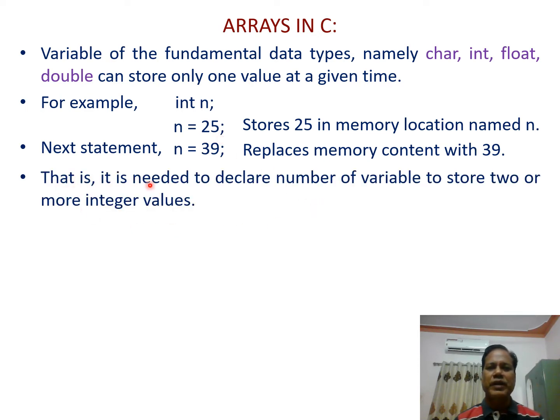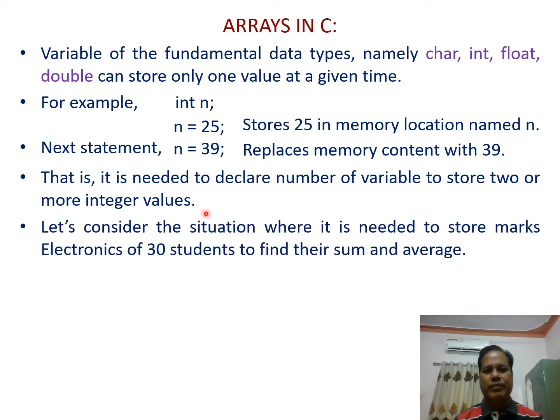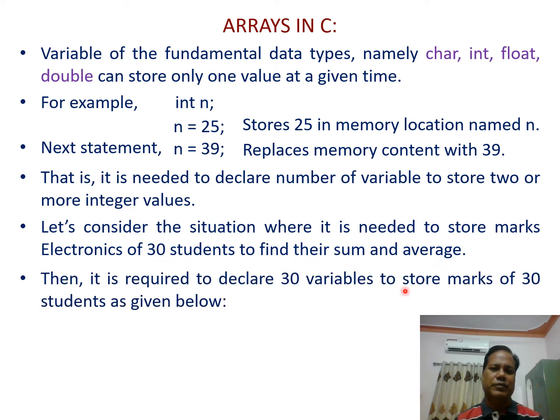That is, it is needed to declare a number of variables to store two or more integer values. If we want to store 25 as well as 39, then we need to declare at least two integer variables, n and m. Let us consider the situation where it is needed to store marks of electronics of 30 students to find their sum and average.